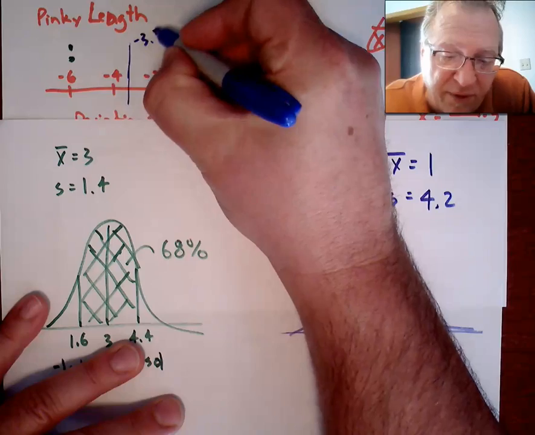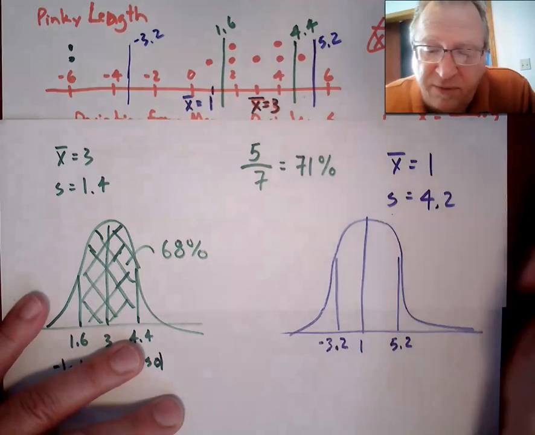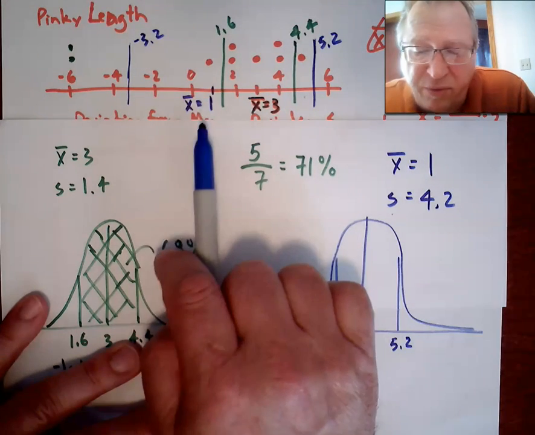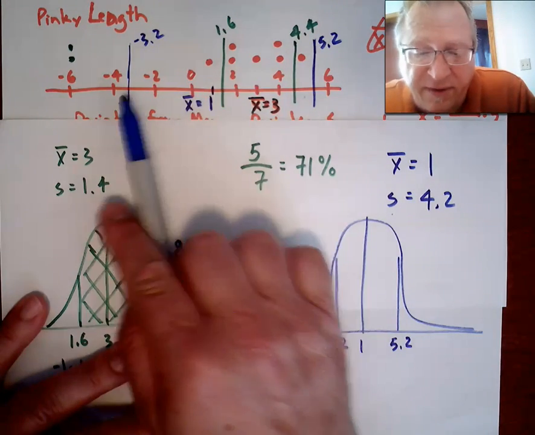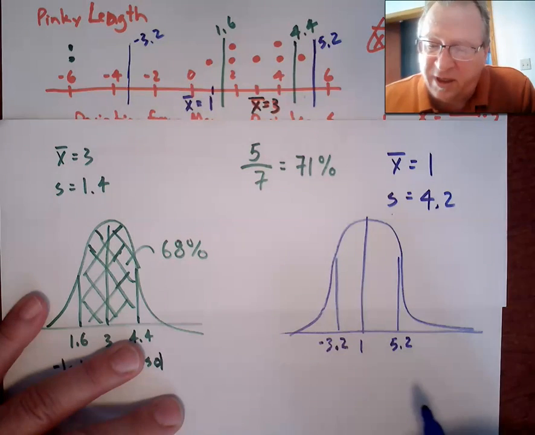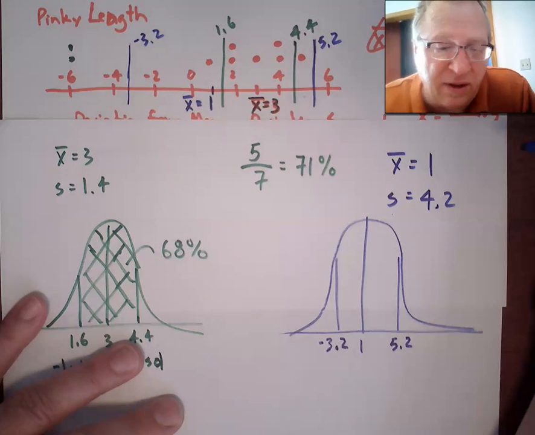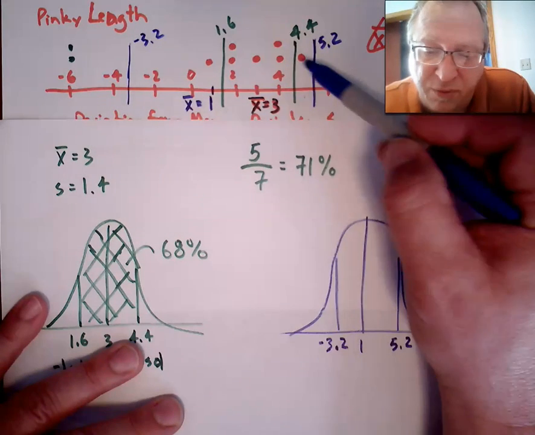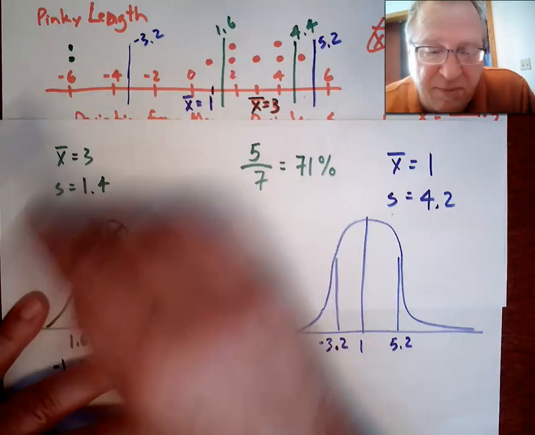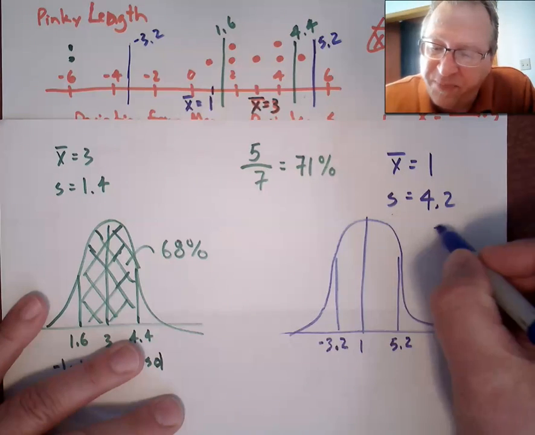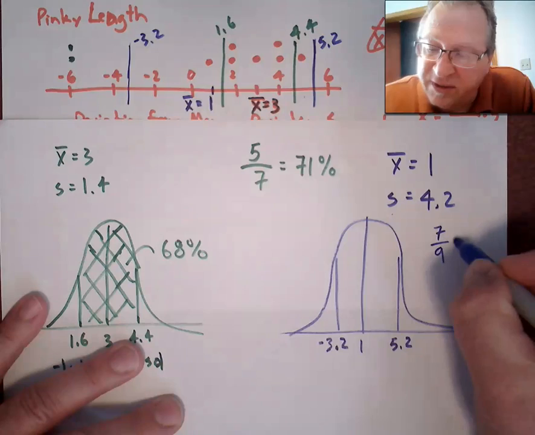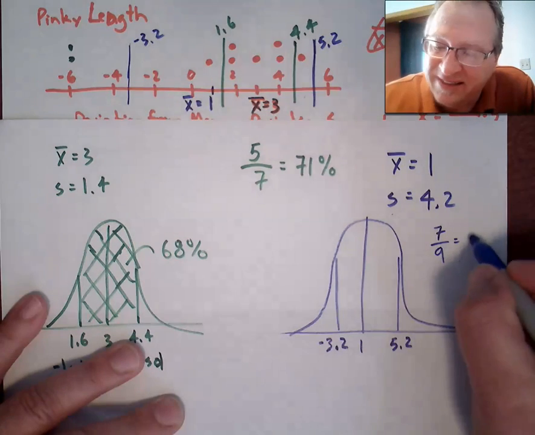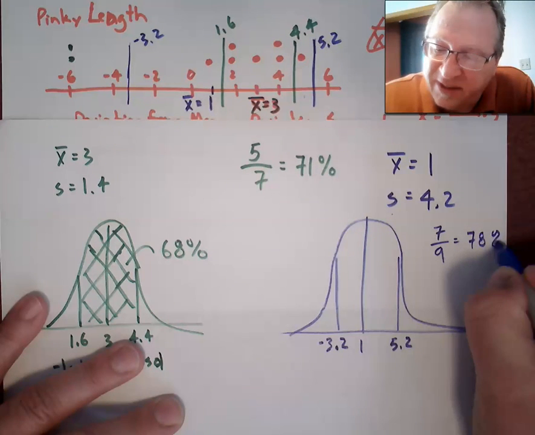Now, our mean again is here in the middle, and 4.2 on either side of it is supposed to capture, again, 68% of our values. Well, how many did we capture this time? We captured all of this group, 1, 2, 3, 4, 5, 6, 7, but neither of the two outliers. So this time, we captured 7/9 of the values, and 7/9 is about 78%.